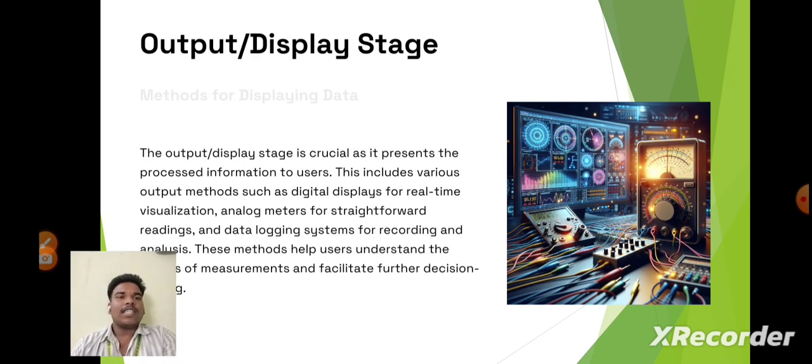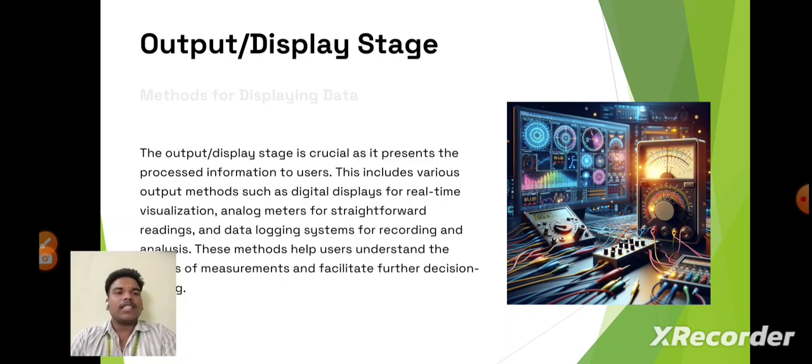And the output or the display is the final step. This is a very brief step. In this also there are several methods, but we will be delaying them. The output or display stage is crucial, as it presents the processed information to the users. Like a computer, it takes the input, processes the input, and gives the output.